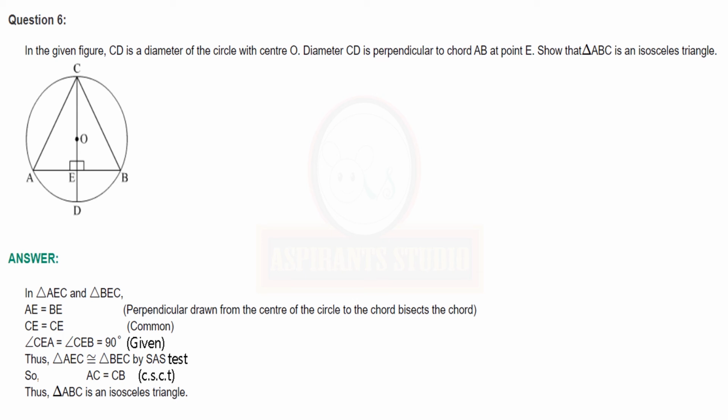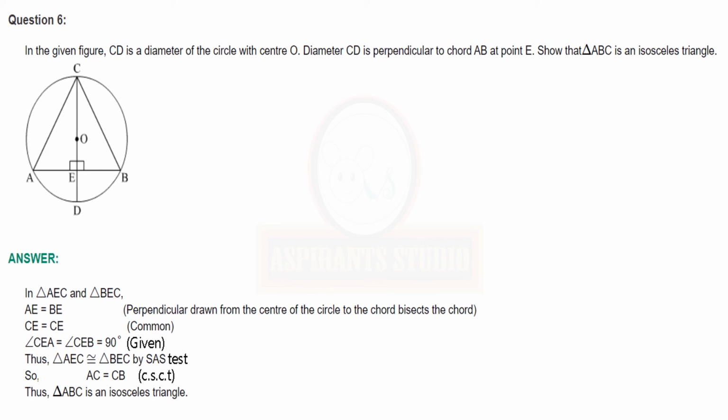Look at the figure. OE is perpendicular to chord AB. Perpendicular drawn from the center of the circle to the chord bisects the chord. Therefore, look at the figure and write AE is equal to BE.